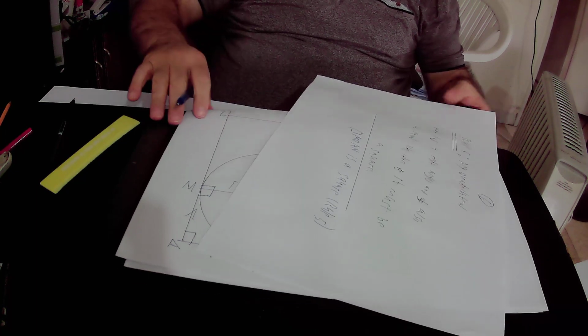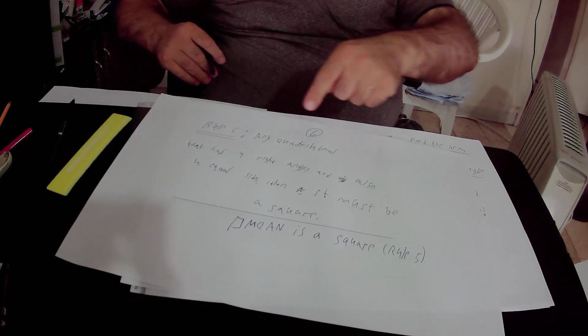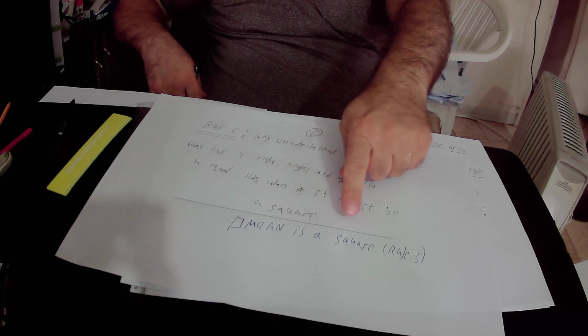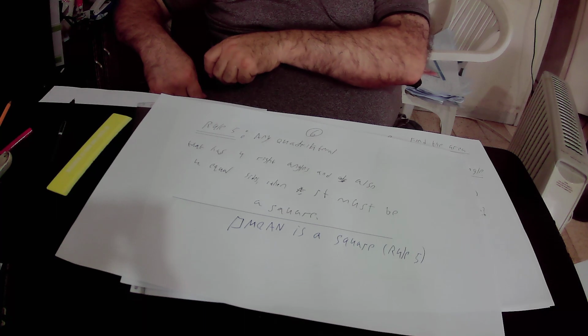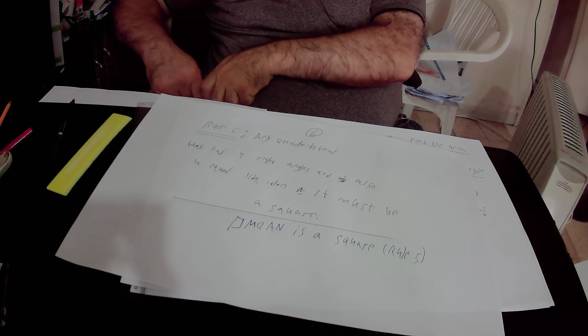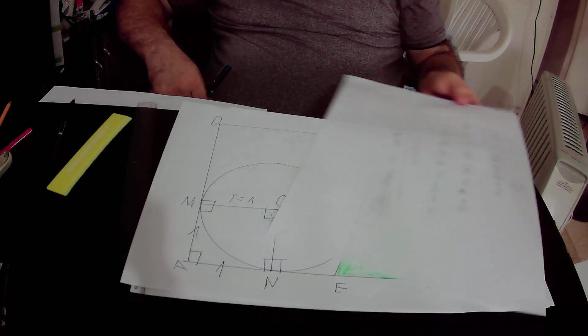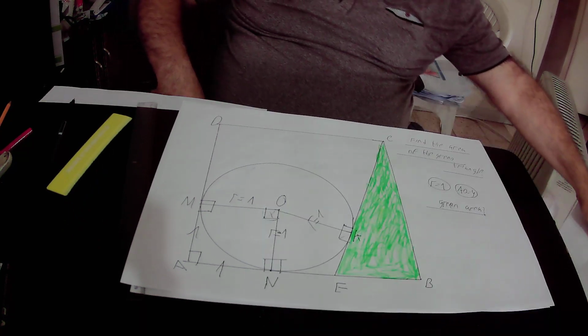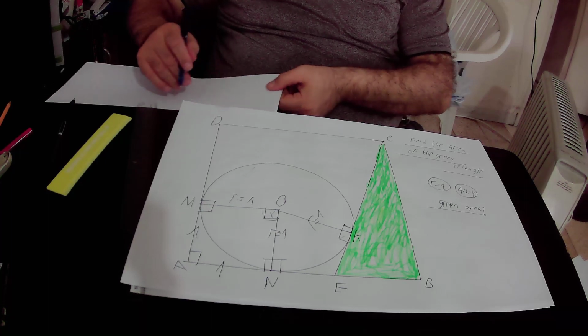I'll read it again. Quadrilateral MOAN is a square according to rule number 5 because it has 4 equal sides and 4 right angles. And we also have rule number 6.